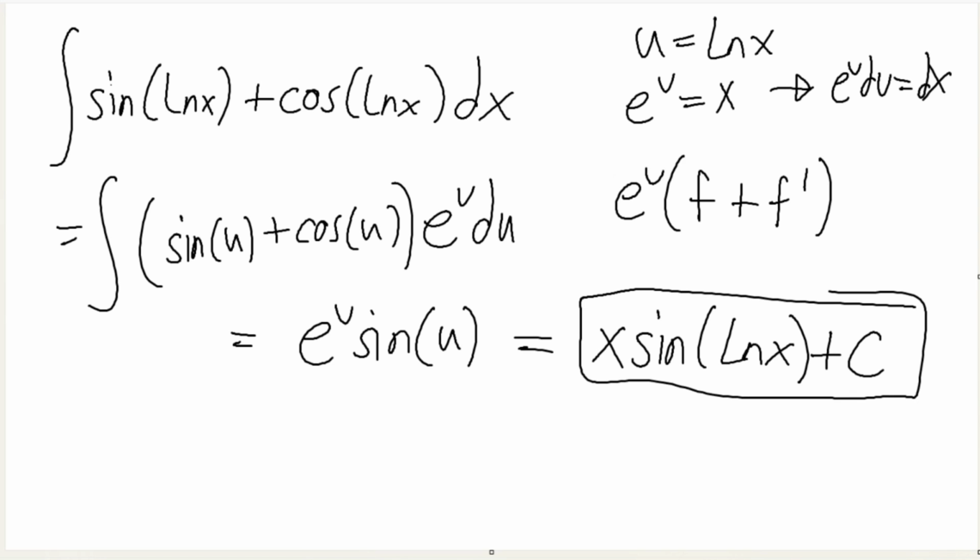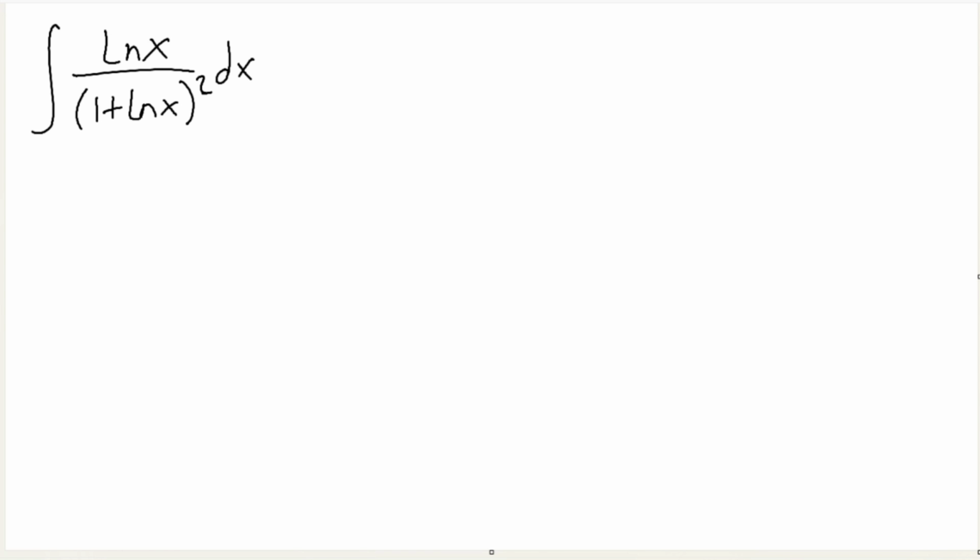Just like that. Immediately, I think this might be a reverse quotient rule because the bottom is squared. Right. So my first instinct would be, okay, so g is equal to 1 plus ln of x. Then g prime is equal to 1 over x. Okay.